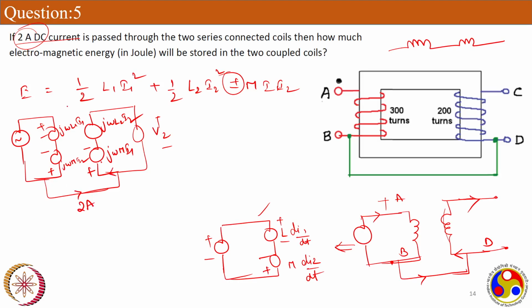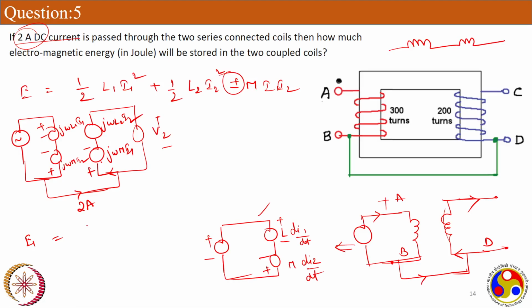Now, each induced voltage, if you see, E1 will be L1 di1 by dt minus M di2 by dt.